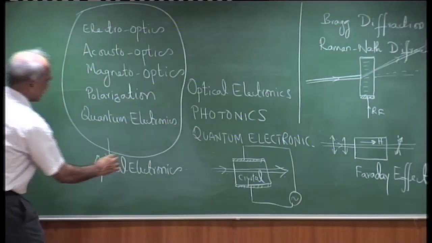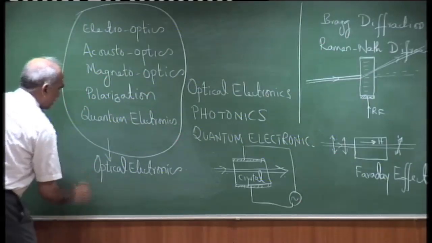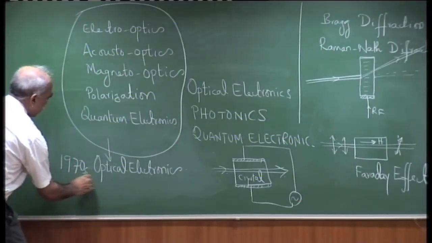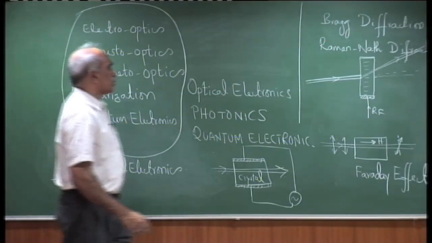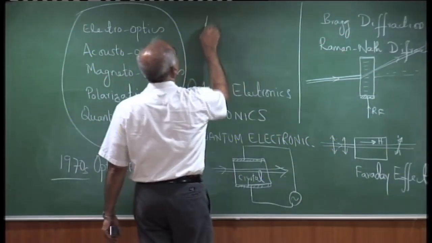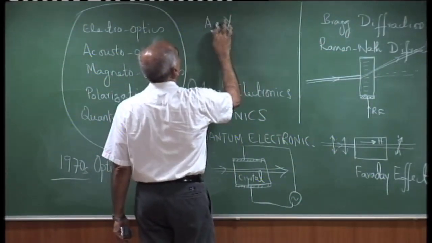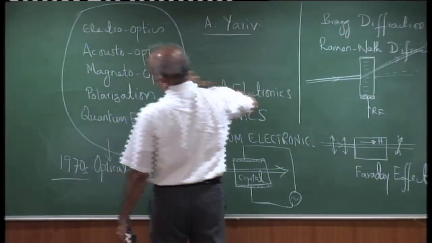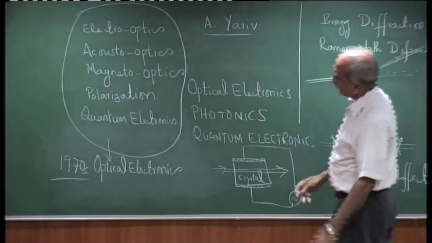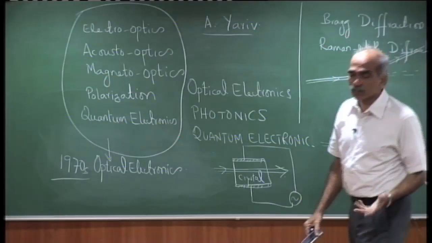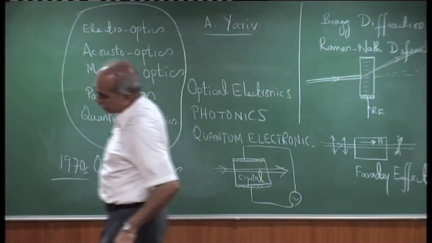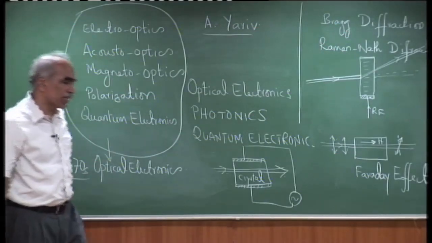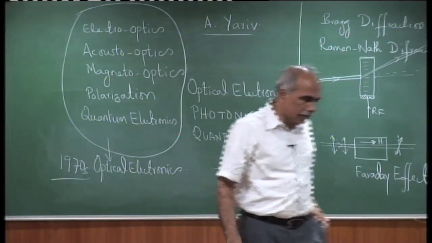Optical electronics came in the 1970s. The famous book of Yariv, Optical Electronics, the first edition came in 1970. It is a widely used textbook on optical electronics, which described all these effects and other propagation properties of light through a medium.